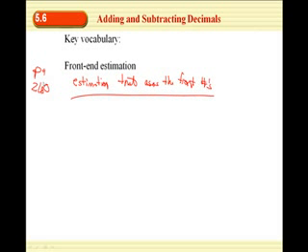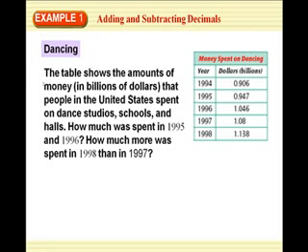Okay, so let's just do some adding and subtracting. Example 1, dancing. The table shows the amount of money in billions of dollars that people in the United States spent on dance studios, schools, and halls. How much was spent in 1995 and 1996? That means we add those.